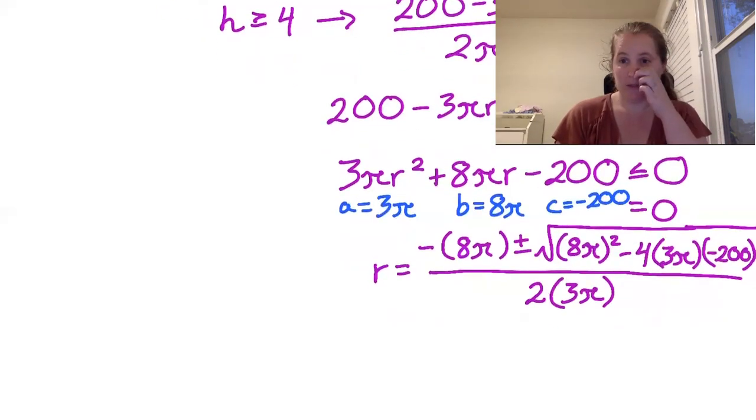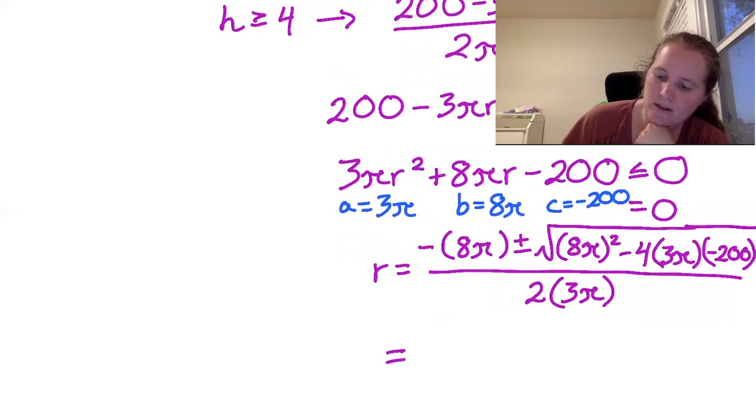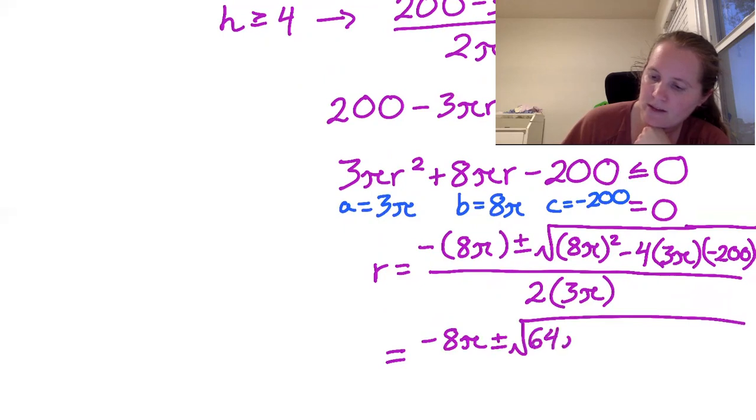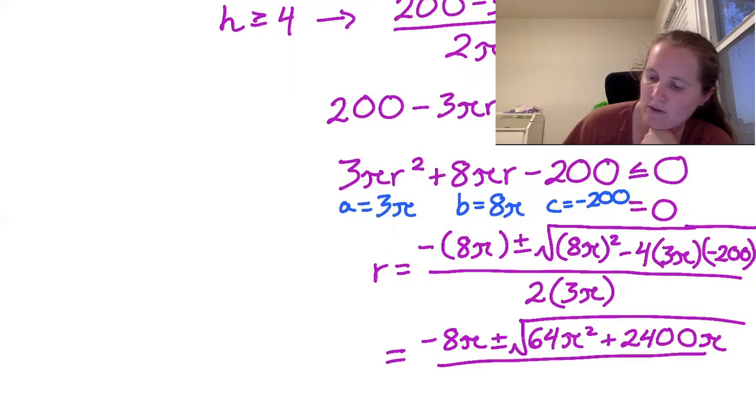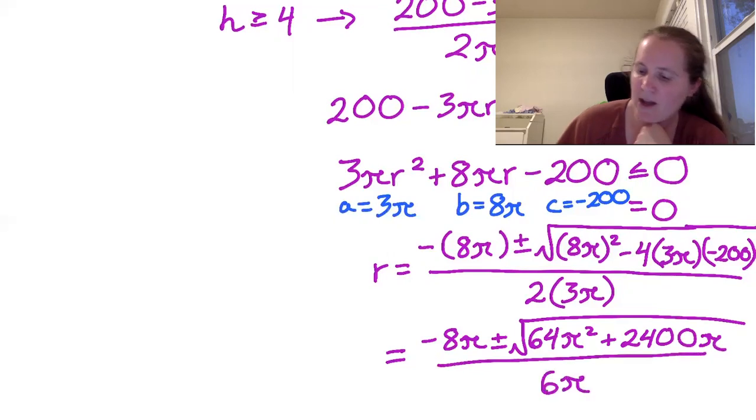And this winds up simplifying to negative 8 pi plus or minus the square root of 64 pi squared plus 4 times 3 is 12 times 200 would be 2400 pi all over 6 pi.